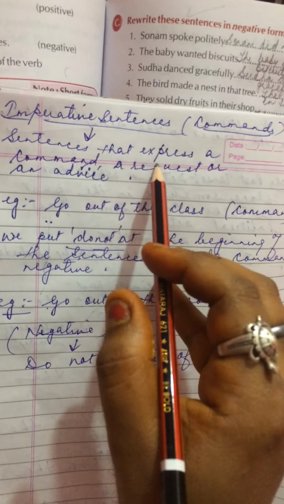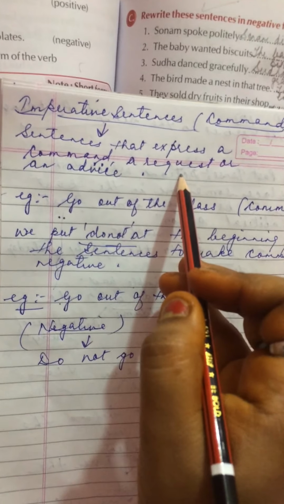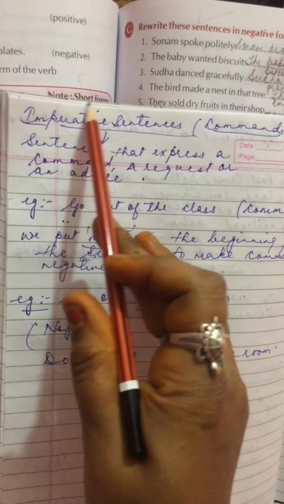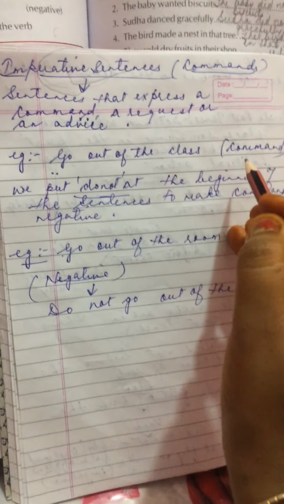Clear? That is commands. Example: go out of the room. This is a command.